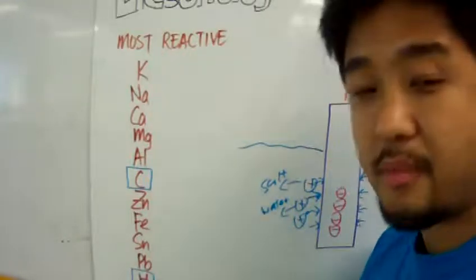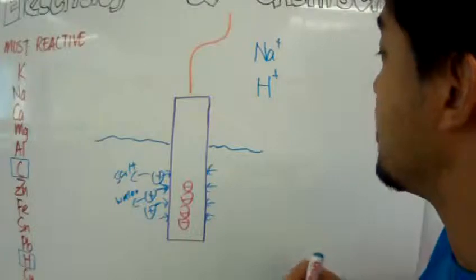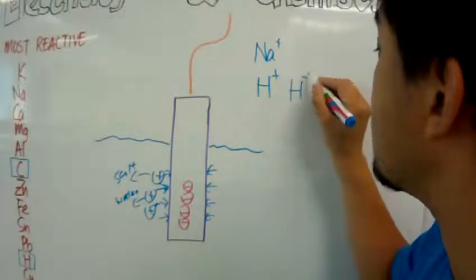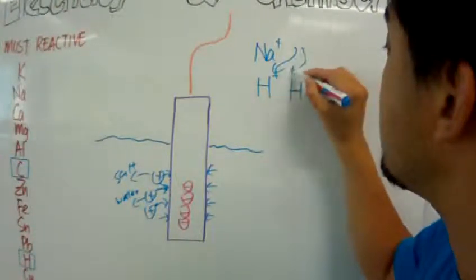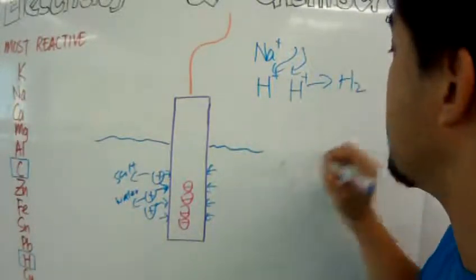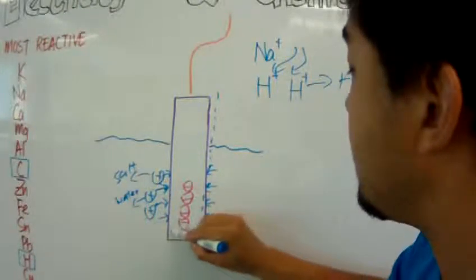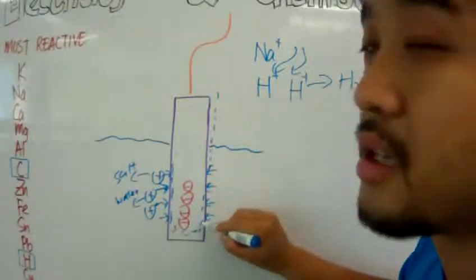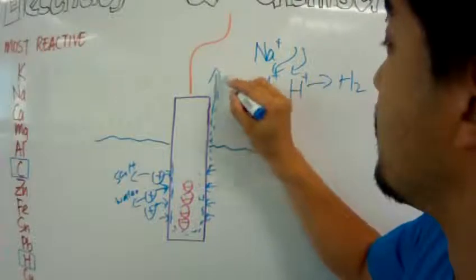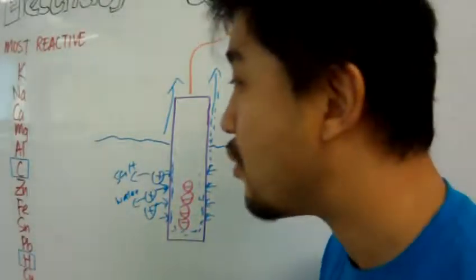And so the hydrogen ions become the neutral element. The hydrogen ions, when you deposit electrons onto them, form H2. And what you're going to see is bubbles forming around the cathode, and hydrogen gas is going to escape. That's exactly what's happening.